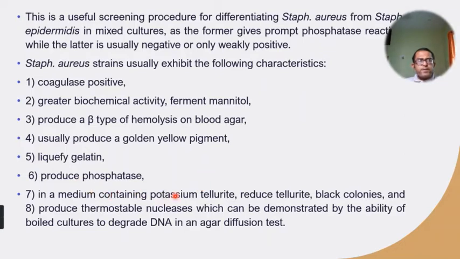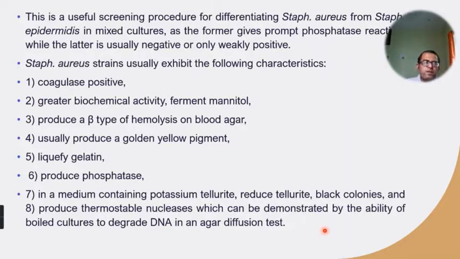And when we grow this bacteria in a medium which contains potassium tellurite, it reduces the tellurite and produces black colored colonies. This bacteria is also able to produce thermostable nuclease, which can be demonstrated by the ability of the boiled culture to degrade DNA in the agar diffusion test.